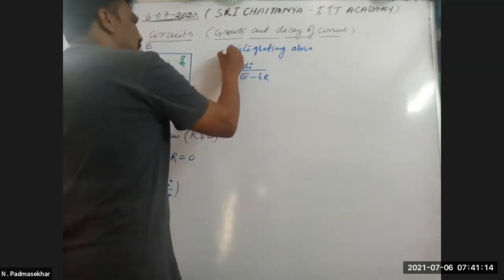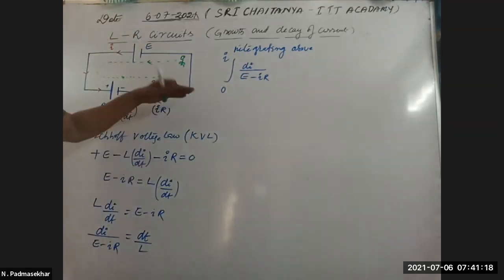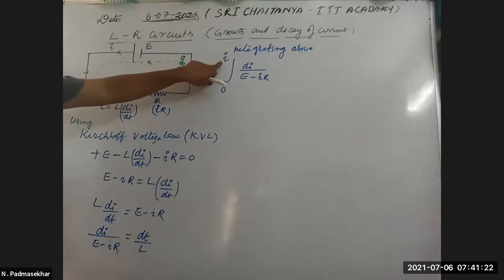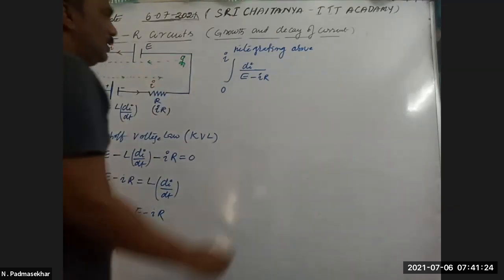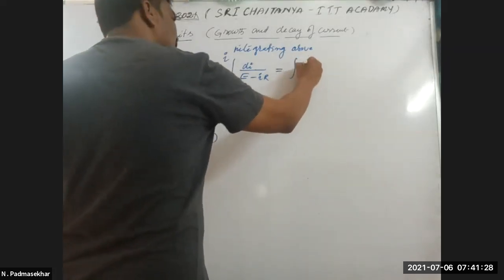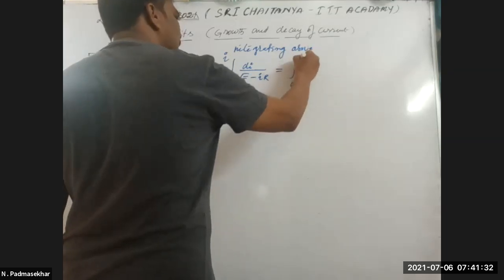From 0 to I. The initial state is 0, and at t equal to t seconds, it is not I naught, that is I. After some time, the current is I. This is equal to the integral of dt by L from 0 to t.